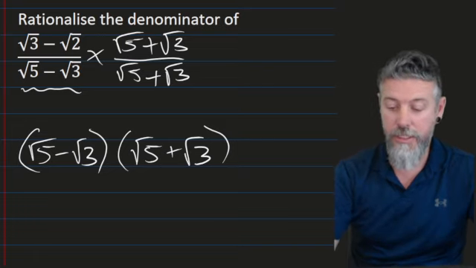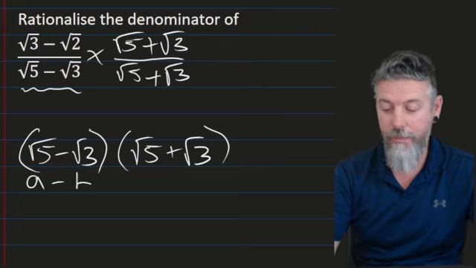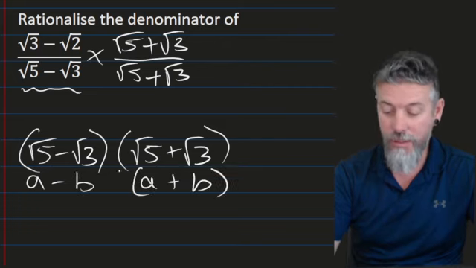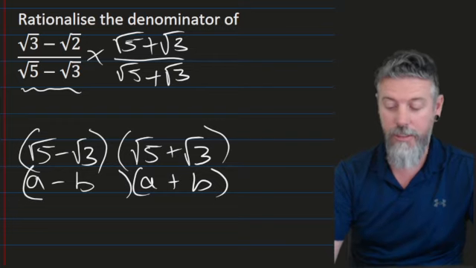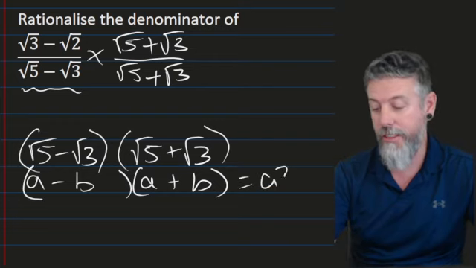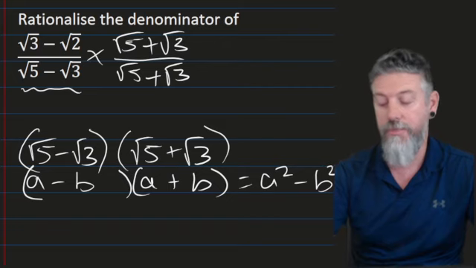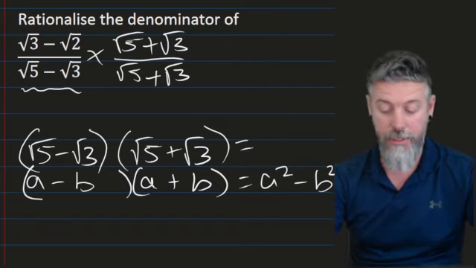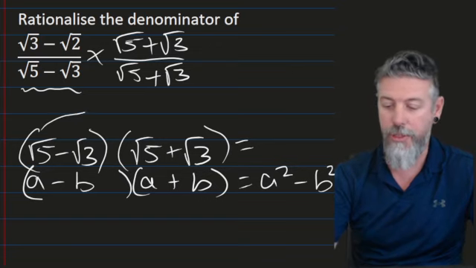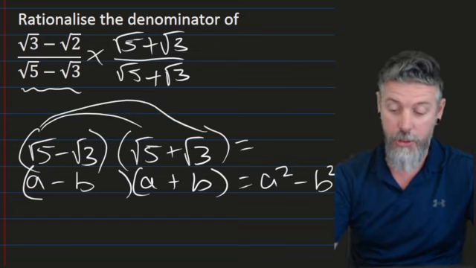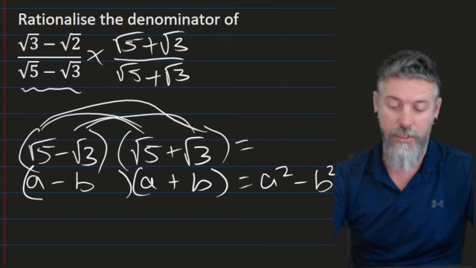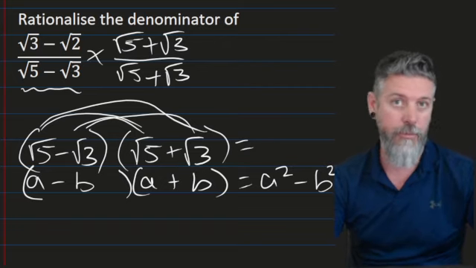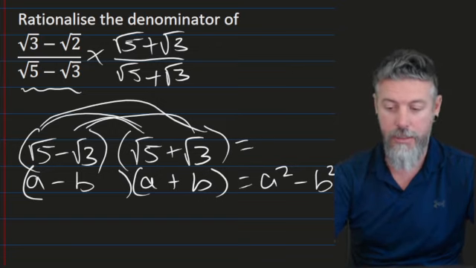So here you can see we've got the form a minus b, a plus b, which is what we wanted, because we said earlier that if we have that, that's going to create a squared minus b squared. So now when we expand this term, I could go and expand the whole thing and do FOIL, which you might start off the first time by doing, and you would realize that the middle term would disappear, but you hopefully realized that back in year 10.